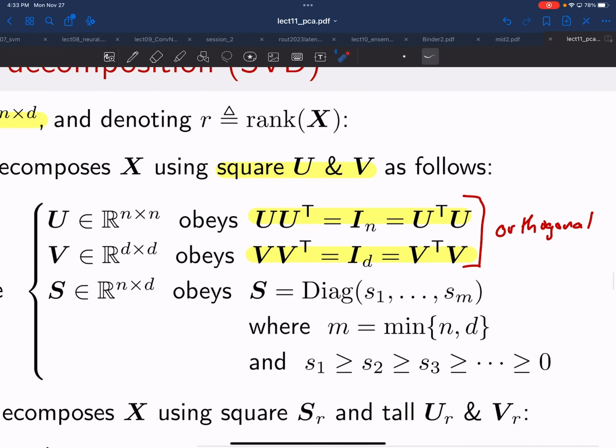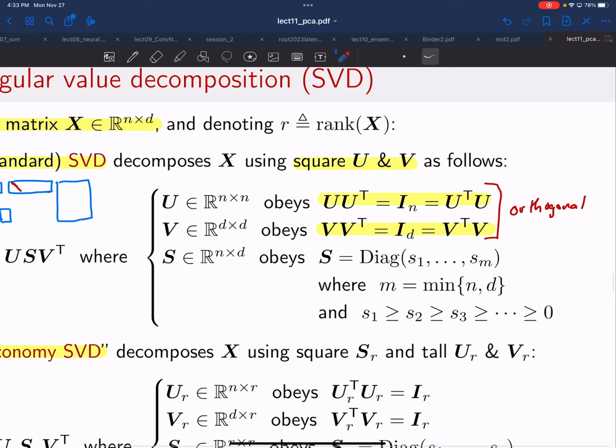And these things along the diagonal are called the singular values. The singular values are ordered from large to small. You can have zero valued ones. They're all positive, but some of them can be exactly zero.